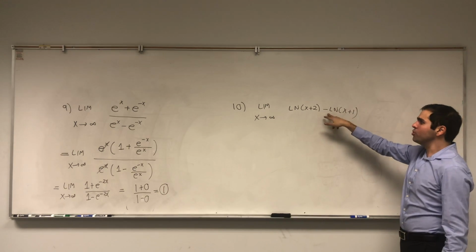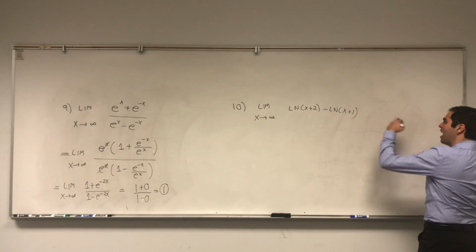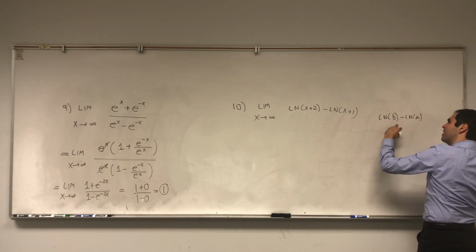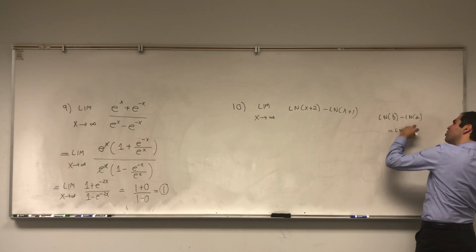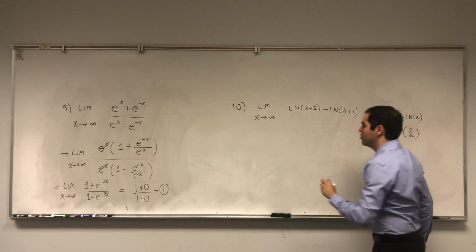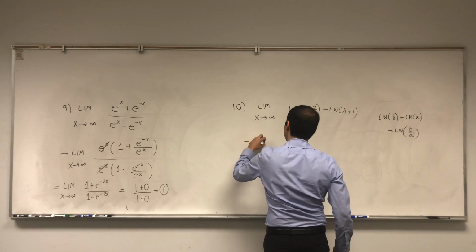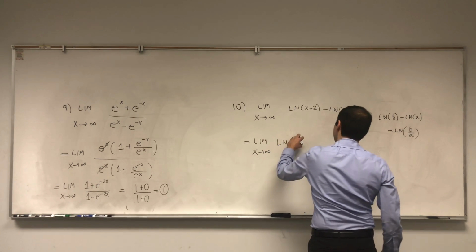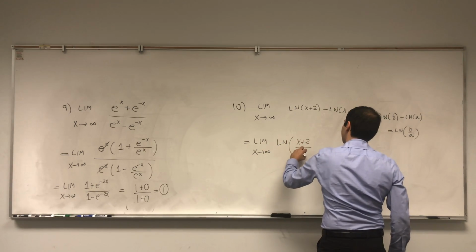But one thing you may notice is that you have ln of b minus ln of a, and that is in fact ln of b over a. So what this is, it's the limit as x goes to infinity of ln of (x plus 2) over (x plus 1).